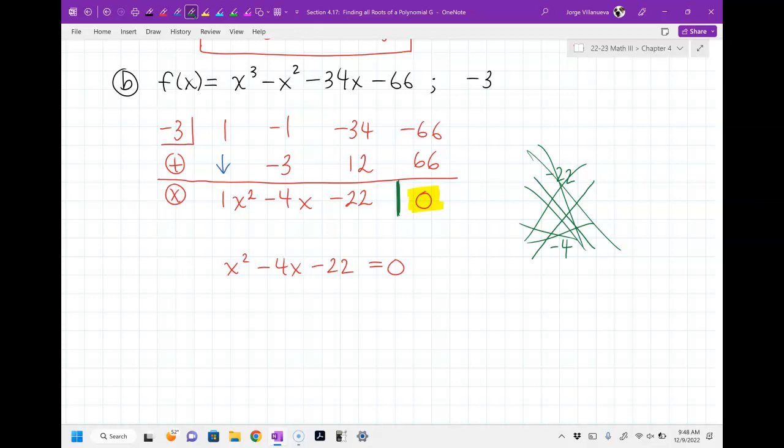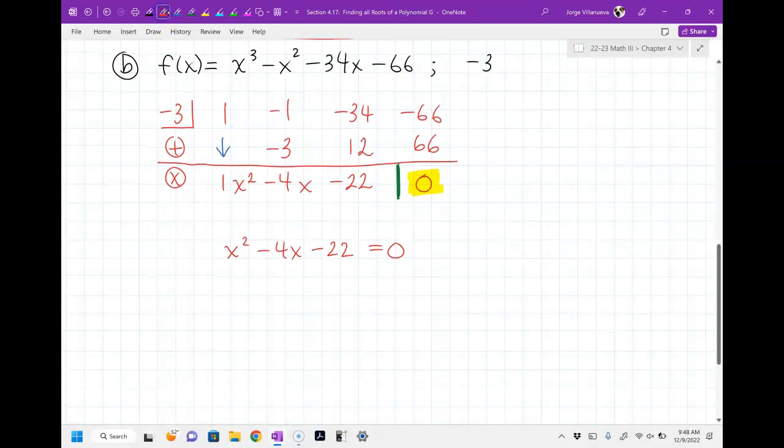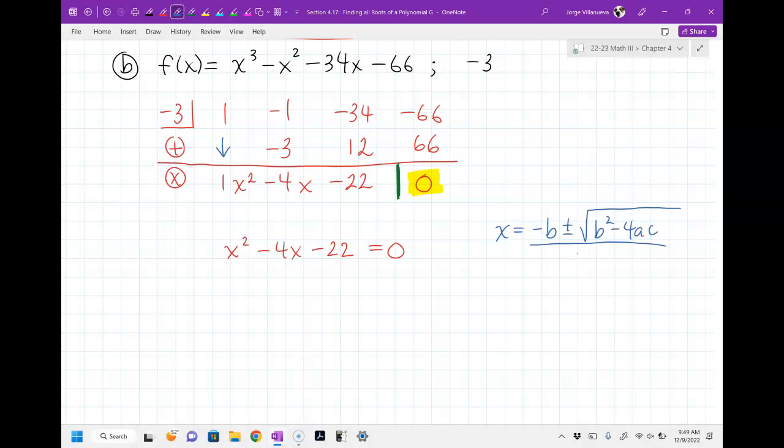Well, that's where we use that formula back there, the quadratic formula. We did homework on this a while back. You're going to use this formula. Okay, I'm going to write it over here to the right side. X equals negative b plus or minus the square root of b squared minus 4ac over 2a.